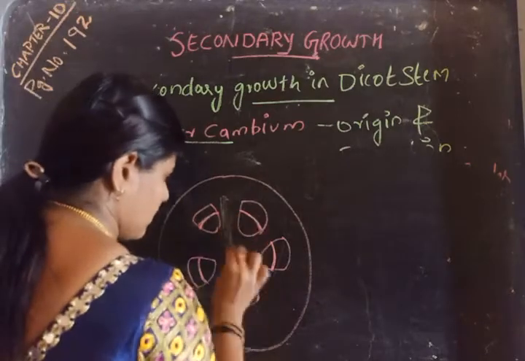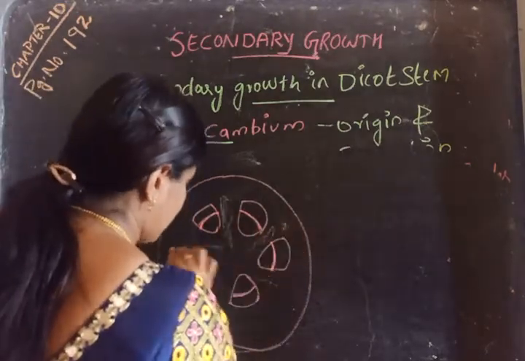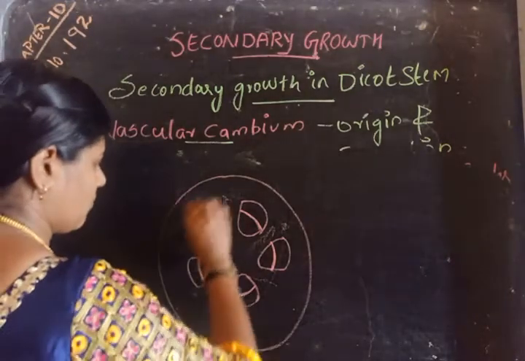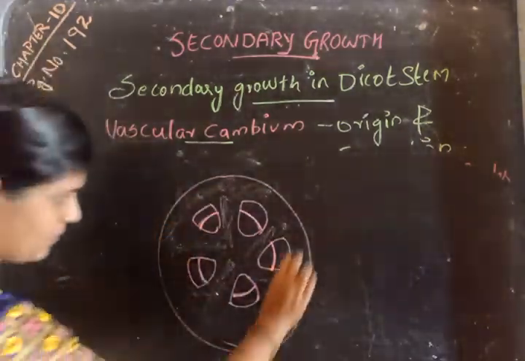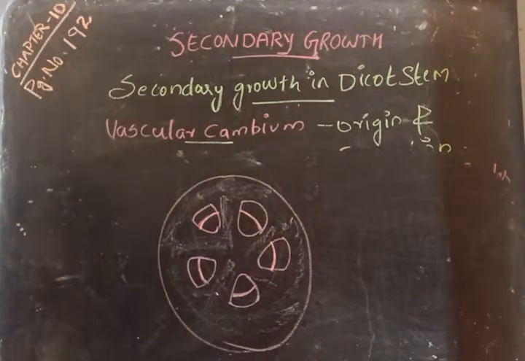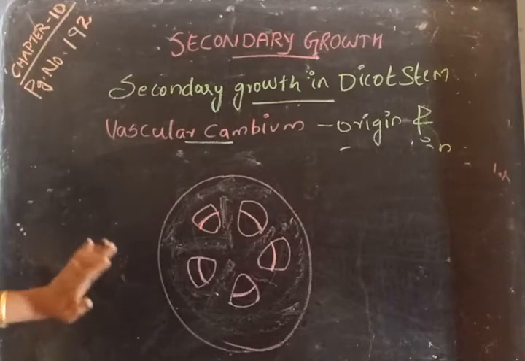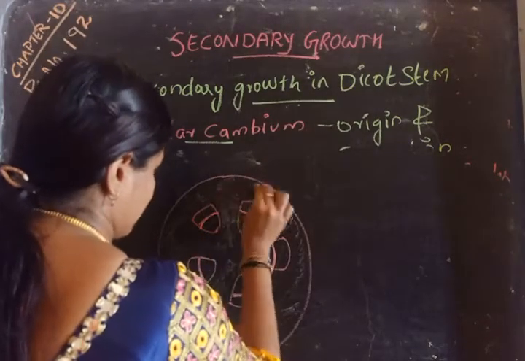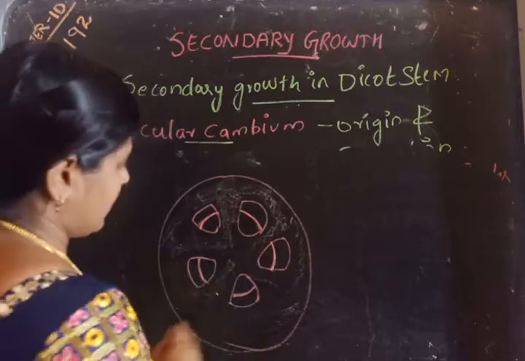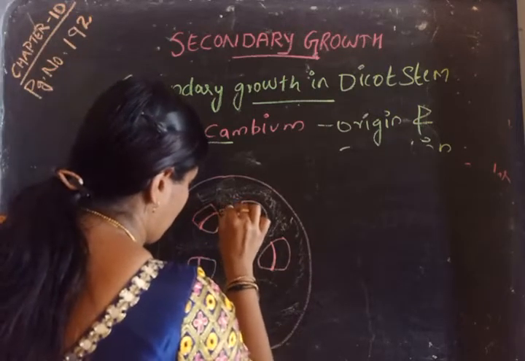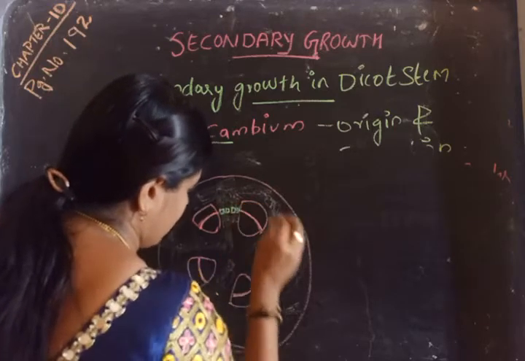Here there are parenchymatous tissues. These are the parenchymatous cells of the medullary rays.